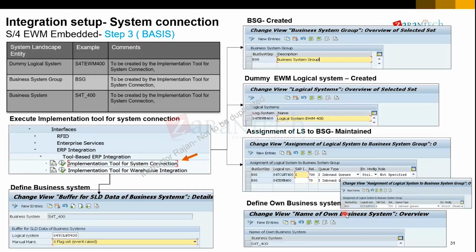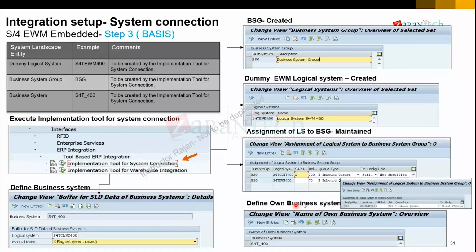If you see this screenshot, I have taken this for the embedded, and this may be the screenshot which is applicable for a decentral. The bottom line is, for decentral we need to give both the systems, and for embedded, just one ECC is good enough. No need to give the dummy. And define one business system.